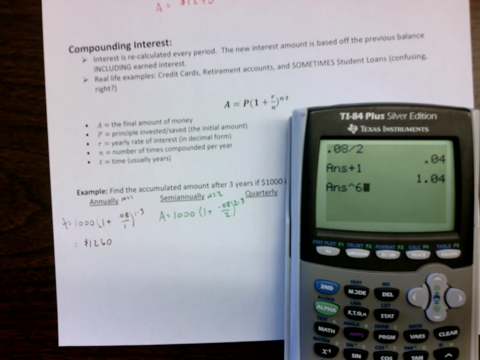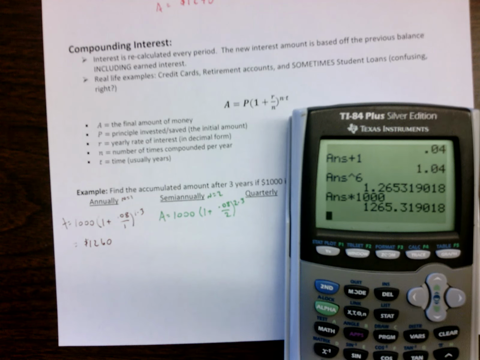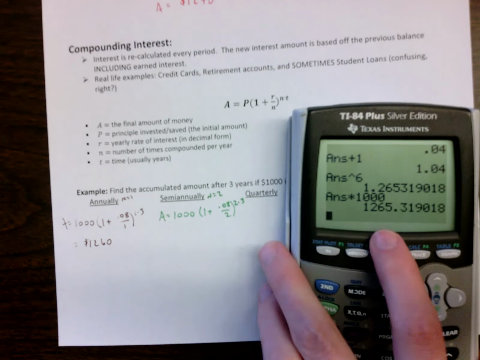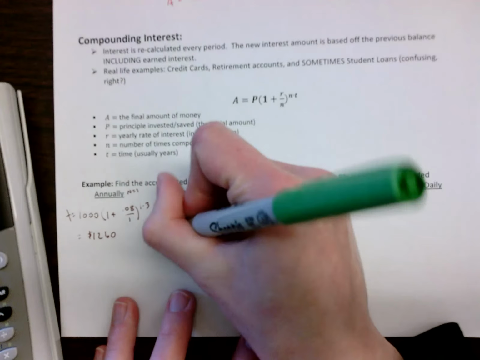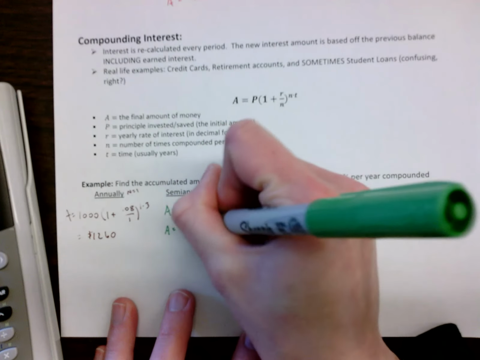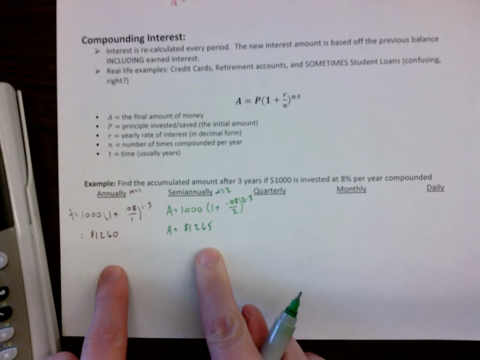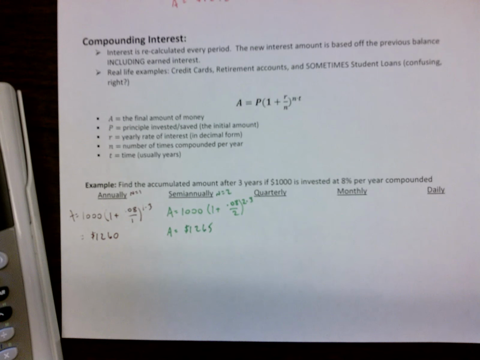Do that calculation in your head. It'll make your life a little bit easier. All right, and then I'm going to multiply that by 1,000. So that works out to, again, rounding to the nearest dollar, $1,265. So you can see we did earn a little bit more money compounding semi-annually instead of just annually.